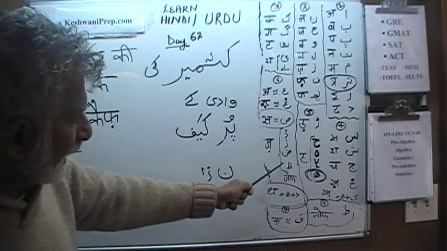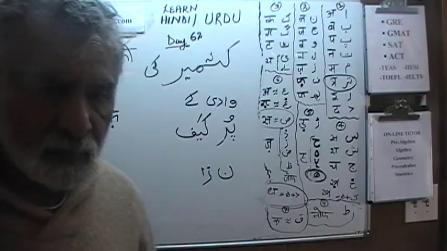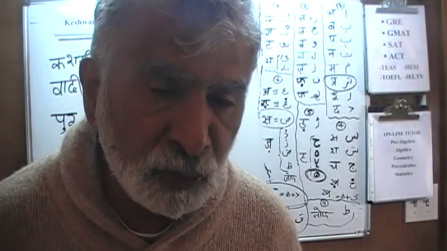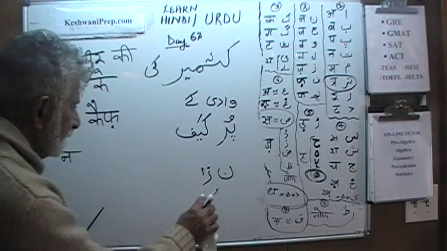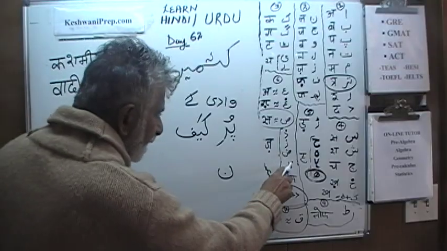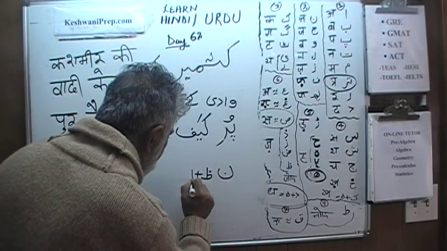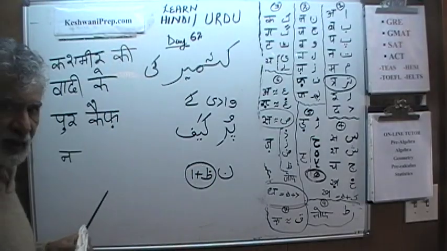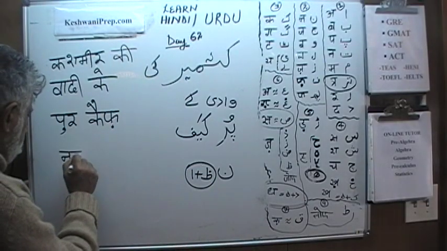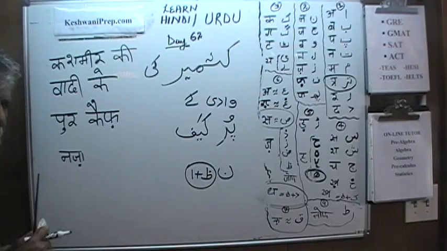Zoin. Zoin is what we need here. The correct spelling of the word that we have to write requires zoin. I misspelled it. It's this one that we need. And then to which we're going to add the alif to make a za, na, za. But see, in Hindi you don't have to worry about any of that nonsense because you only have one za. You're done.